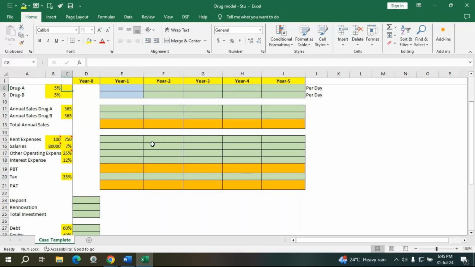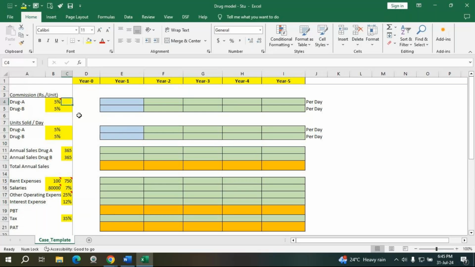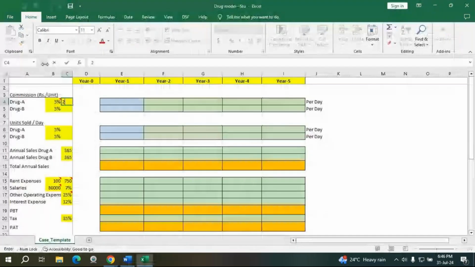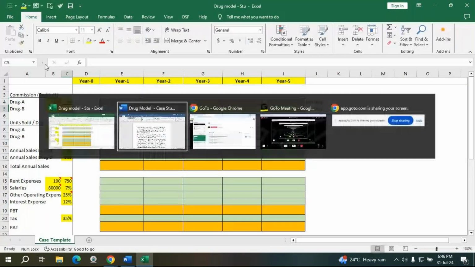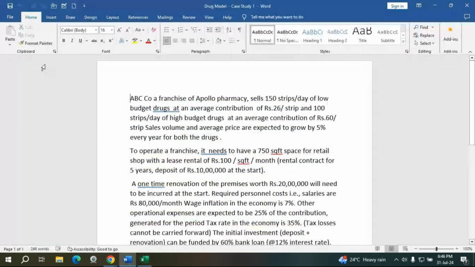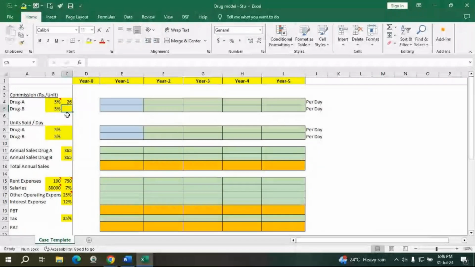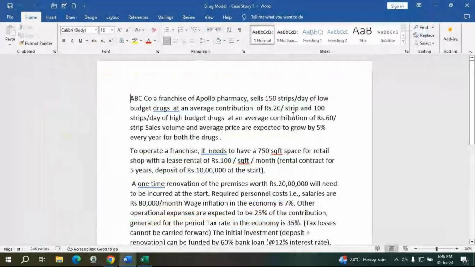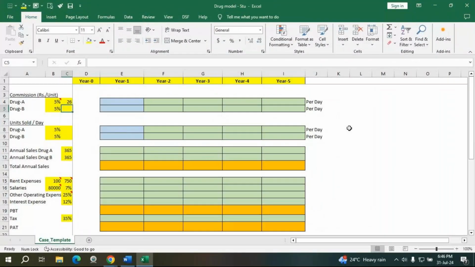So here, drug A. What is the rate? I have to put it here. So this is 26 rupees, 26 per strip, and drug B is 60 per strip.